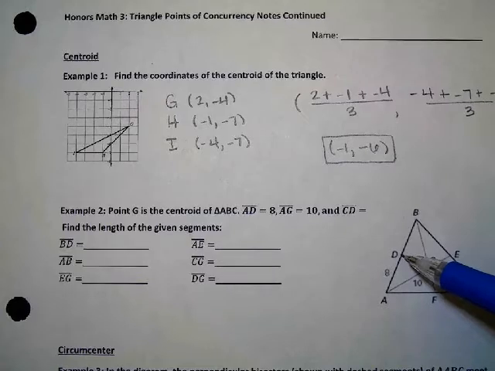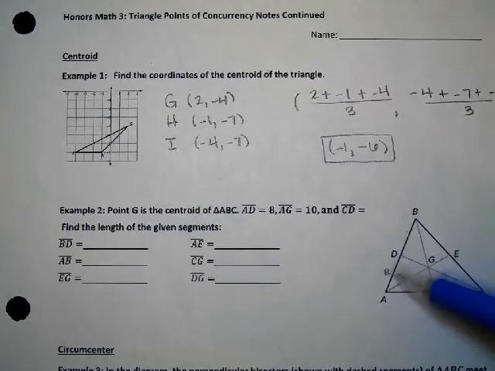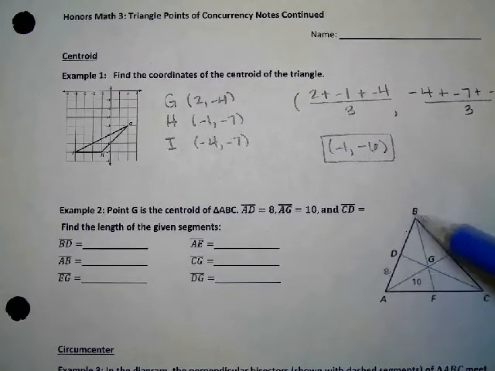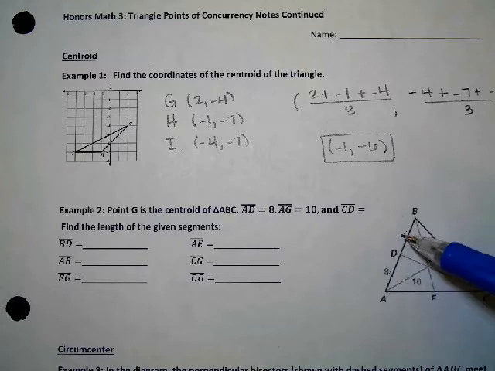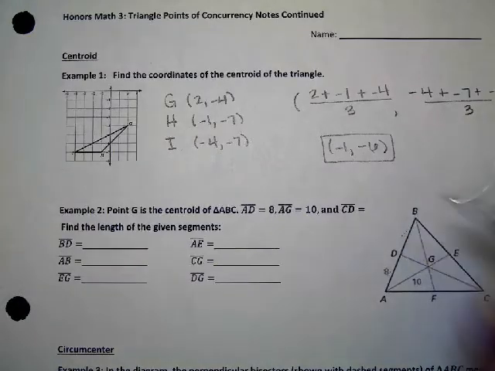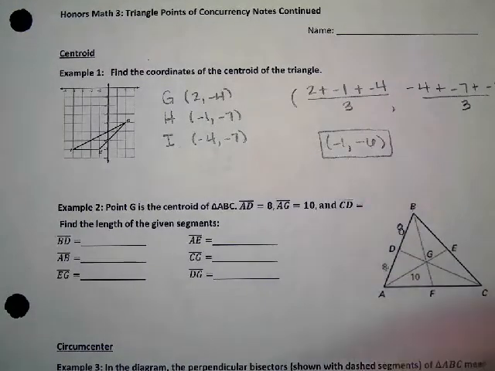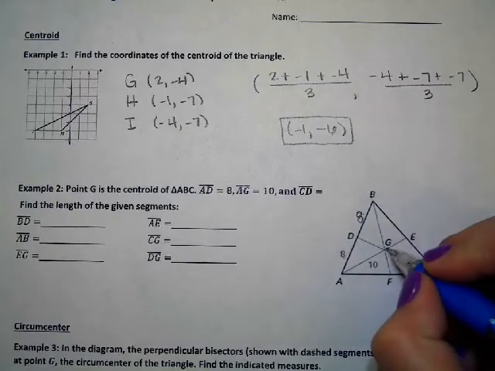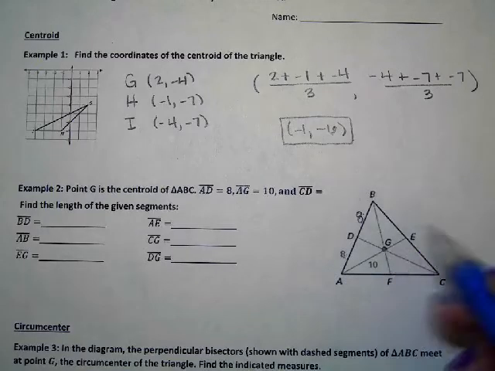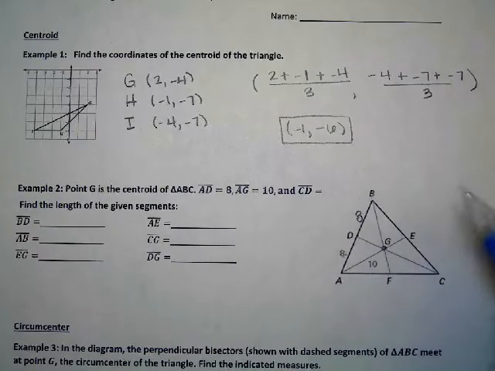So if this is 8, then what's this over here? 8. Okay. And then we also know that the centroid divides each median. So right here, this is that point, that concurrent point where all the lines come together, and we know that it divides it into a ratio. What's the ratio? 2 to 1.